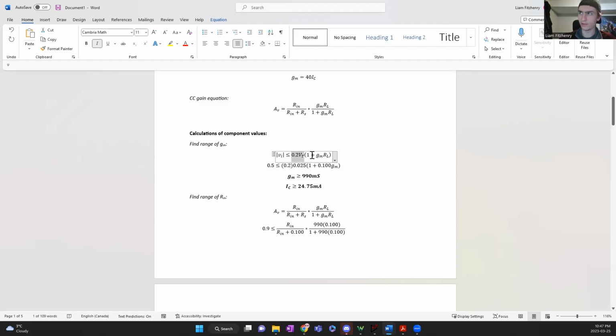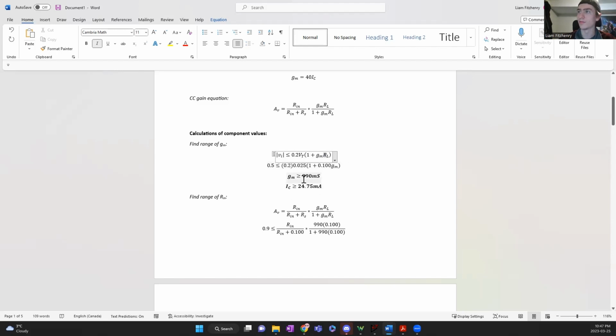And then this equation here is taken directly from the formula for the common collector amplifier. So we have VT as 25 millivolts at room temperature, 1 plus RL, where RL is set to 0.1 kilo ohms, and GM. Rearranging this formula, we can solve for the value of GM.